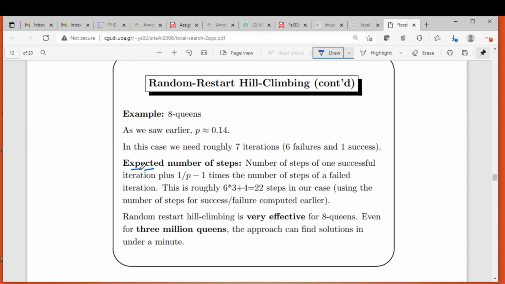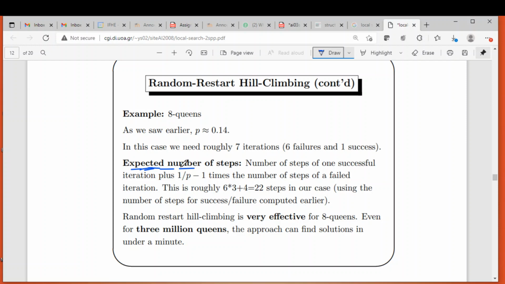That number of times it should be restarted is also called the expected number of steps. So how are we calculating the expected number of steps?